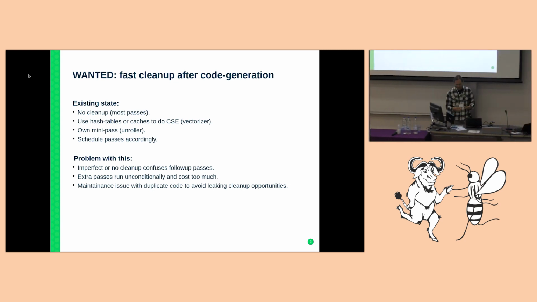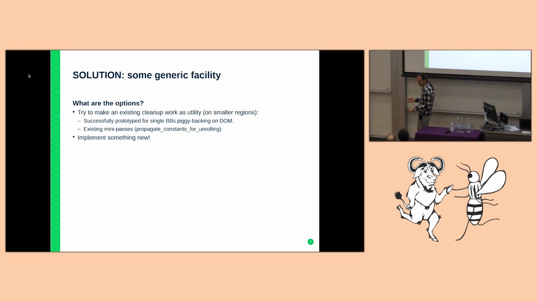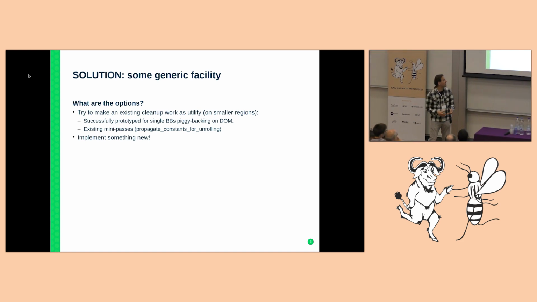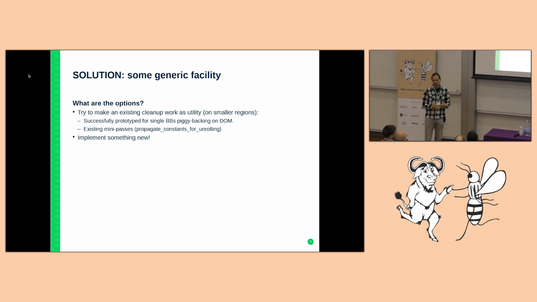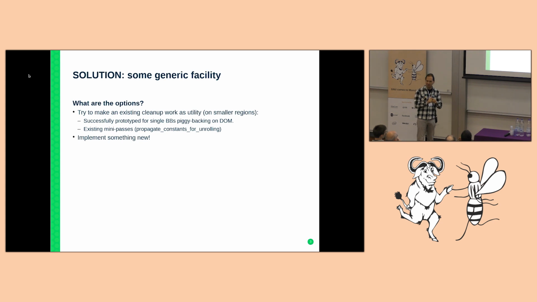So the motivation is we want to have something that we can throw at a region of code. We want something generic, and this something generic should also be powerful enough. For example, the existing mini pass in the unroller just does constant propagation in a very imperfect way. If you look at the actual implementation, this isn't really enough. So what are the options?